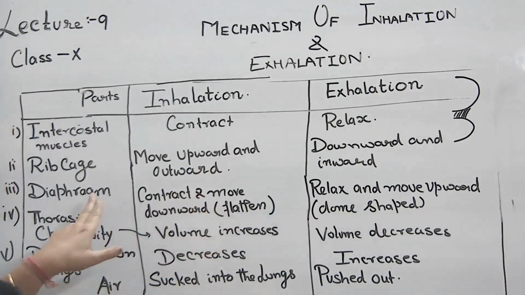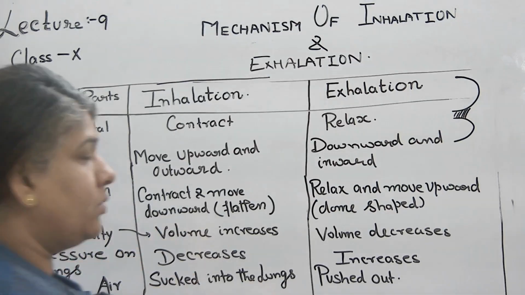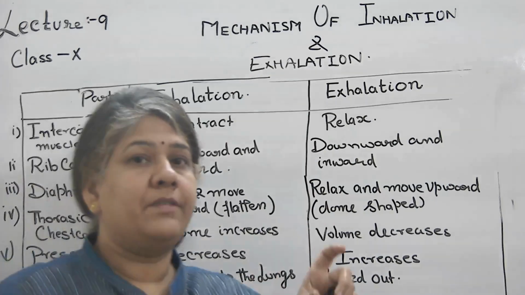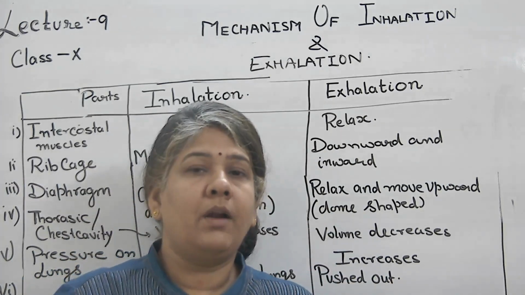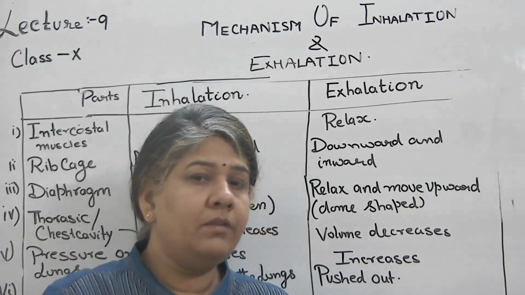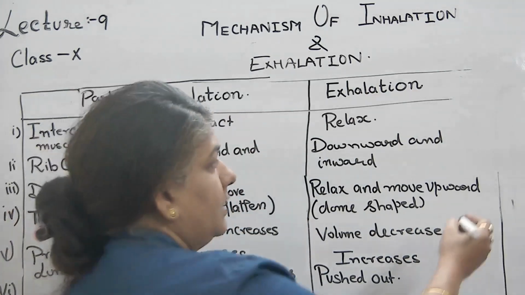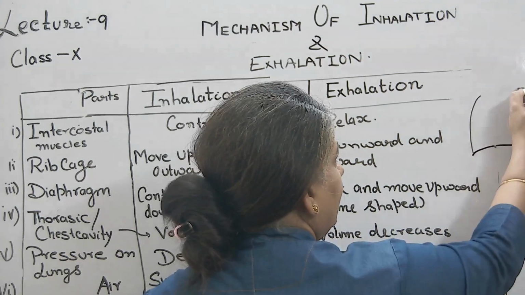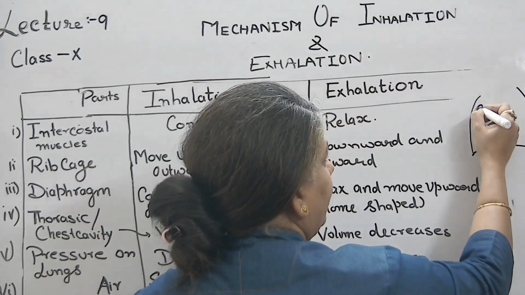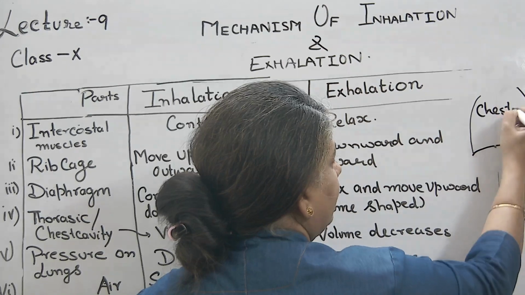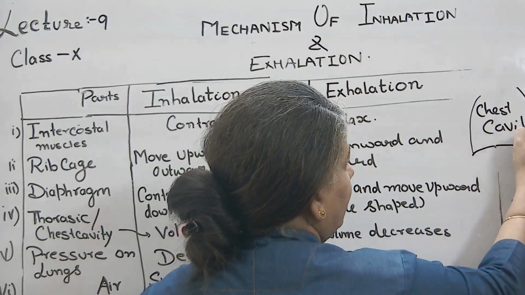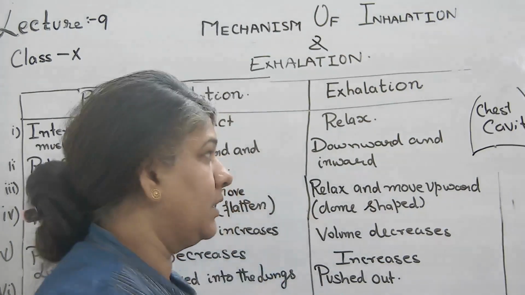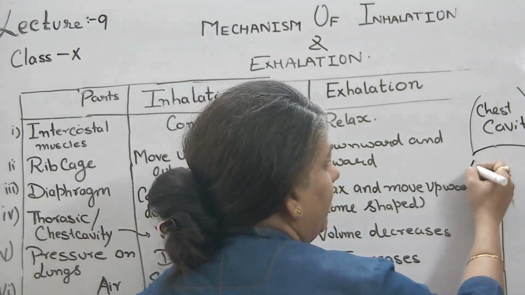Okay. Then the diaphragm, which is a muscular sheath present between the thoracic and abdominal cavity. So our body is divided by this muscular sheath, and above this is the thoracic or chest cavity, where two organs are present, heart and lungs, and below is the abdominal cavity.